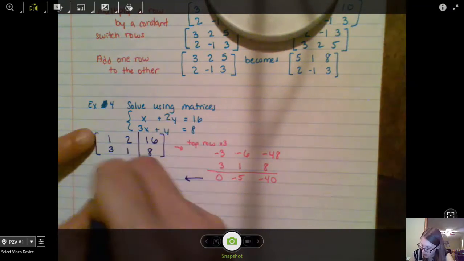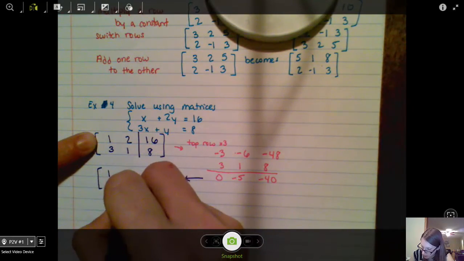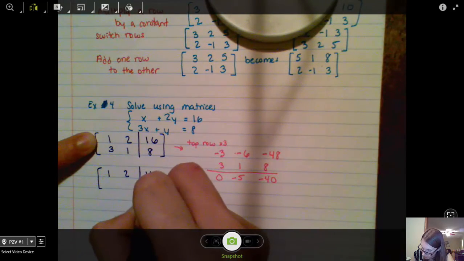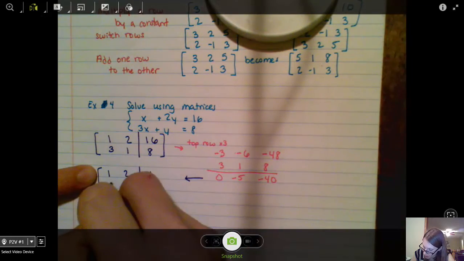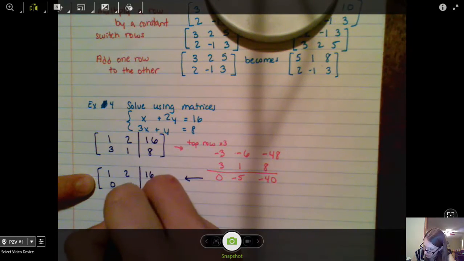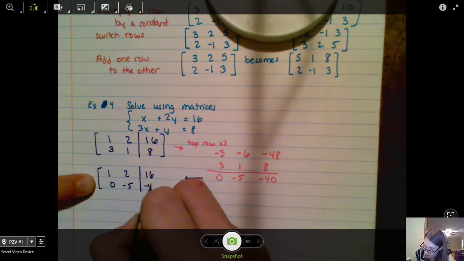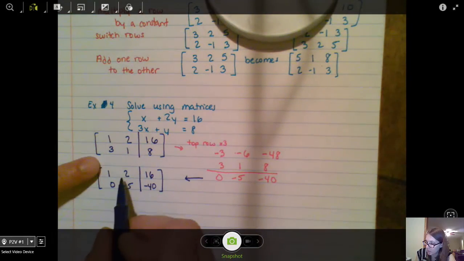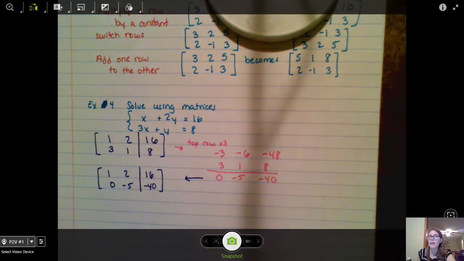So again, we're going to choose for this top row to stay the same and the bottom row to become 0, -5, and -40. And the reason this works is even if we put this in the top row, we could end up switching our rows around again later and it would be okay.